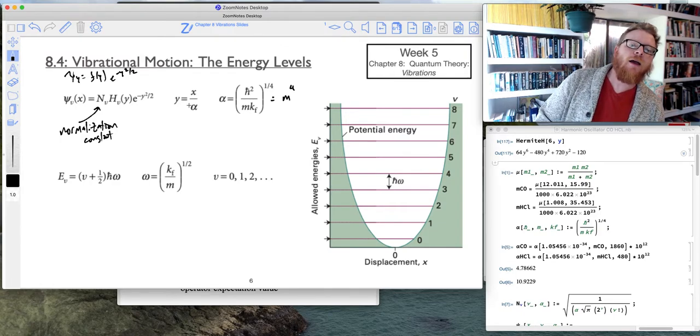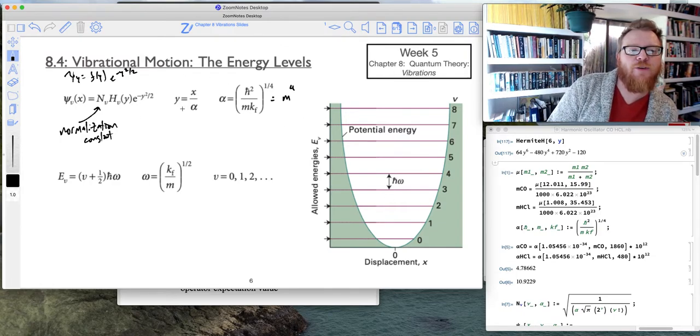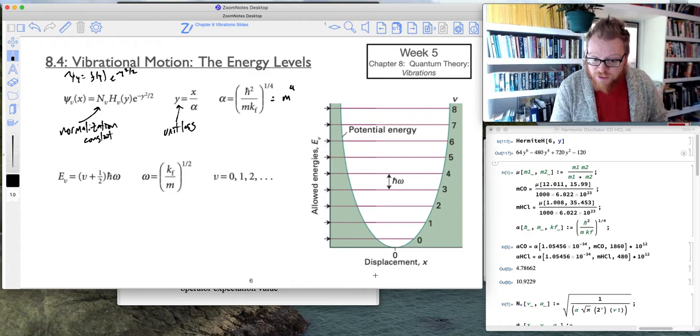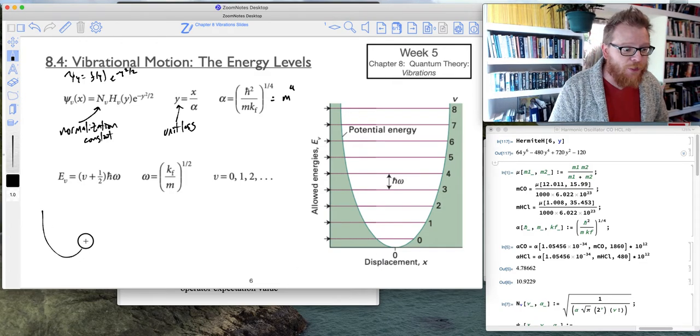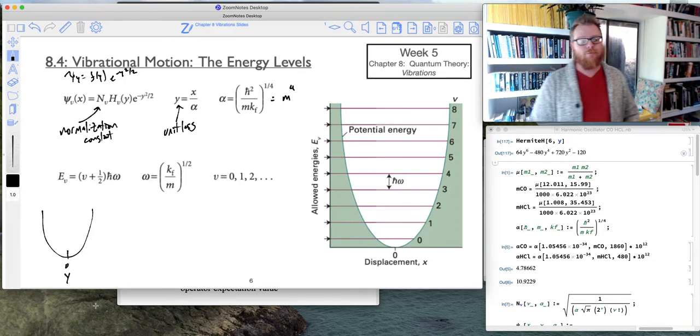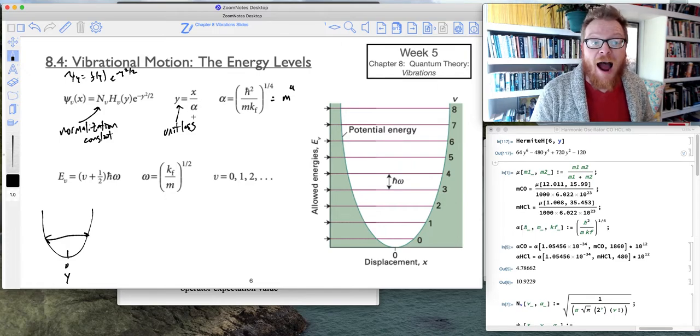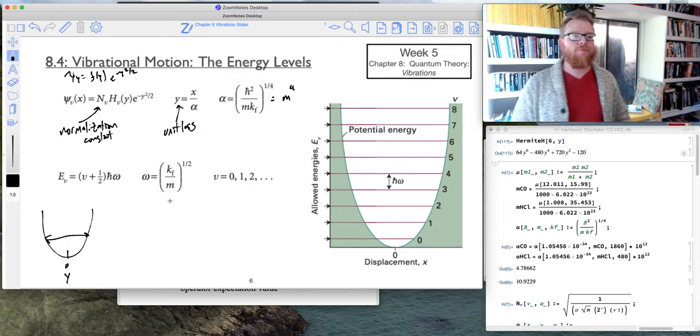okay? And so now when we see these functions in terms of y, our y scale becomes unitless. And that y scale is still the displacement scale, right? I could still think of this displacement in terms of y. However, when we use that y, this distance is unitless and it is scaled by the alpha constant.